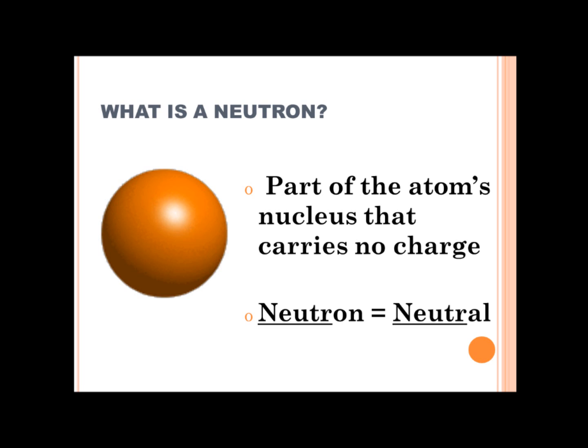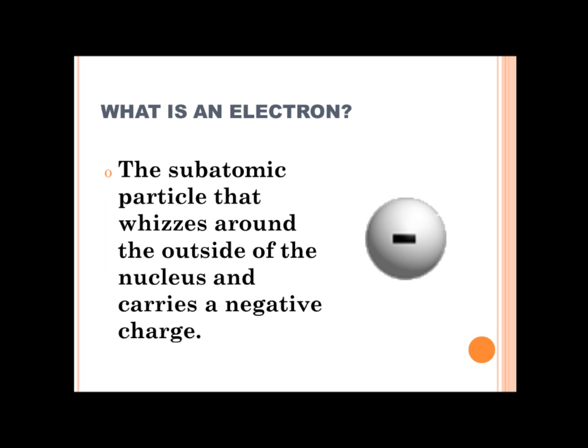So I like to remember that neutrons are neutral, it's basically the same word. Neutr is in both of them. So that's easy to remember. Okay, so when you draw a picture, don't put a charge for neutron. It's just blank. So those two make up the atom's nucleus.